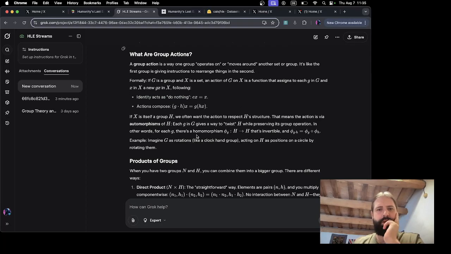If X is itself a group, H, we often want the action to respect H's structure. That means the action is via automorphisms of H. Whoa. Each g in G gives a way to twist H while preserving its group operation. In other words, for each g, there's a homomorphism that is invertible.